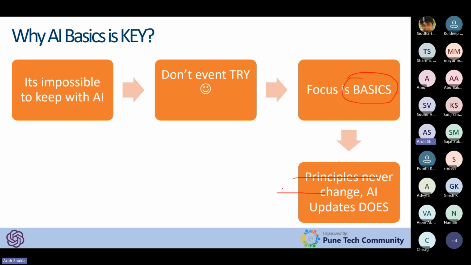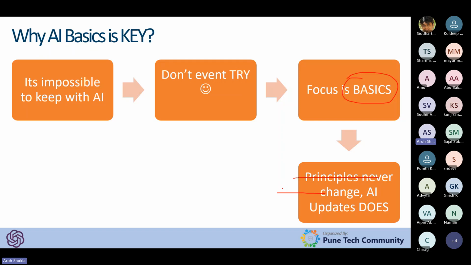Think about what you do in your daily life: you do the work and come back, right? The principles, whether it's C sharp, JSON or Python, have not changed much. But with AI, every day something new comes, so we always focus on principles because principles never change. This is a very important thing, and a lot of people ask me about it. How to keep pace with AI?